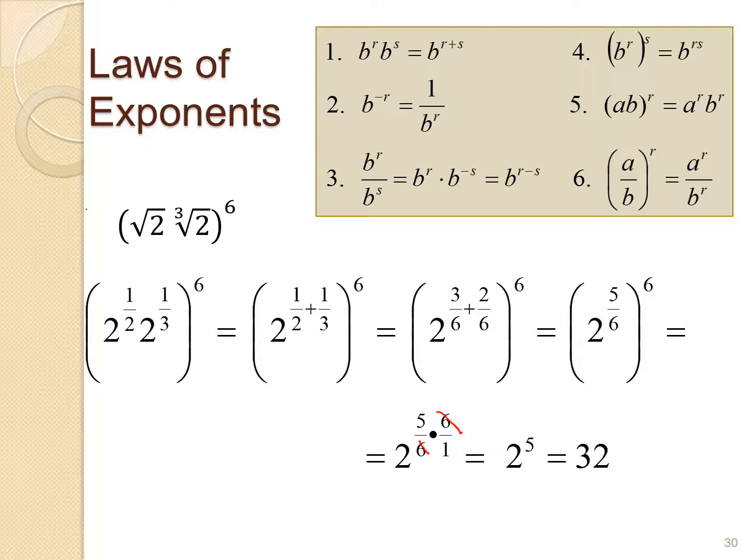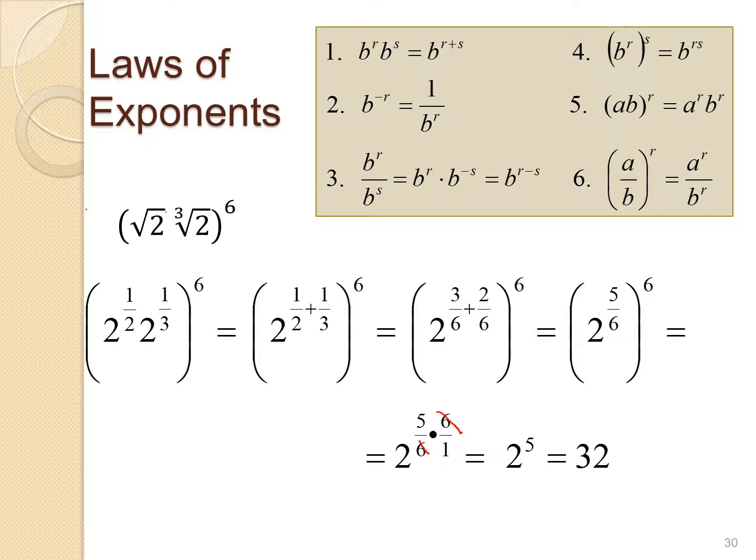For example, if you solved this problem in the book, they would give you this answer because this is equal to this. So sometimes converting this into exponents makes it a lot easier. Otherwise, how do you do this without a calculator? Well, this you can do in your head. The square root of 2 becomes 2 to the 1/2.